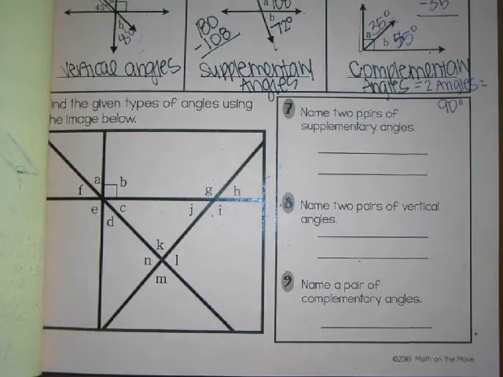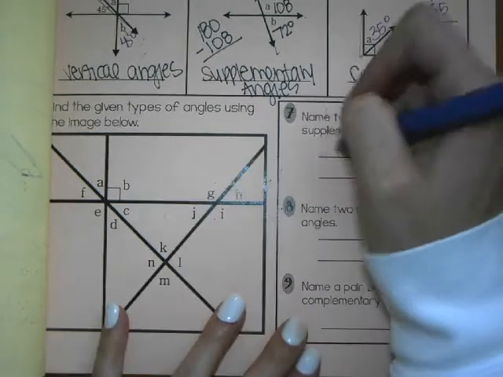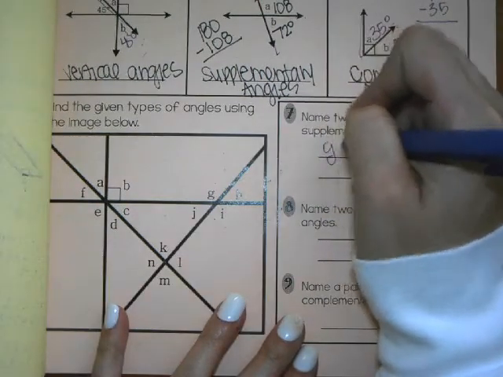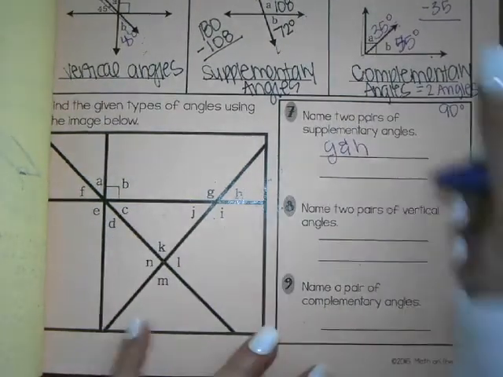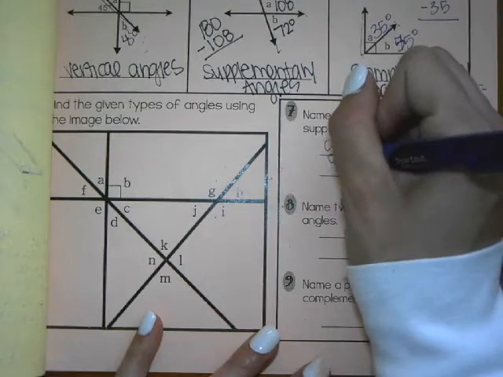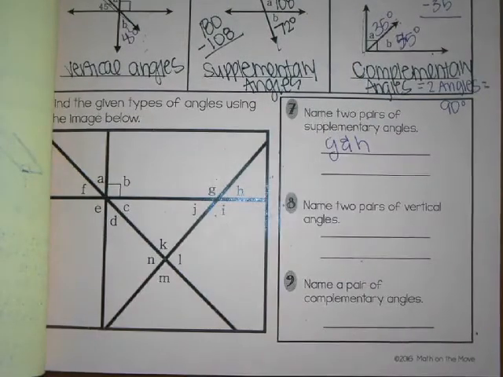Okay, here we go. Give me 1 pair of supplementary angles you told me. G and H. Give me another pair. F and A. Not for supplementary.